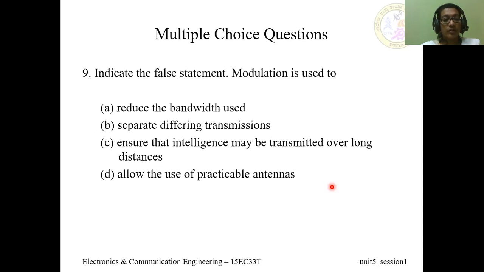Question number 9. Indicate the false statement. Modulation is used to: option A, reduce the bandwidth used; option B, separate differing transmissions; option C, ensure that intelligence may be transmitted over long distances; D, allow use of practicable antennas.